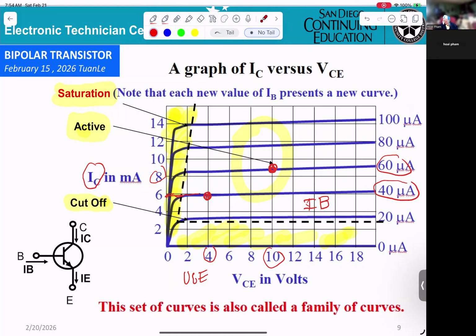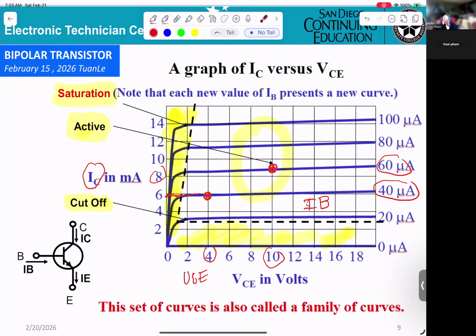So we pick the point here, you can get the current IB, you can get the VCE, and we can get the current IC. That will give you the choice of resistors to connect to the circuitry, making sure the transistor will be active.